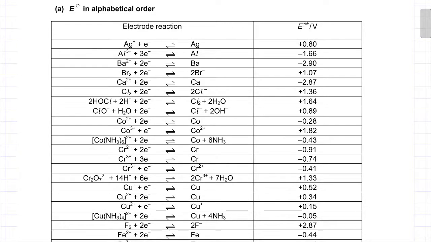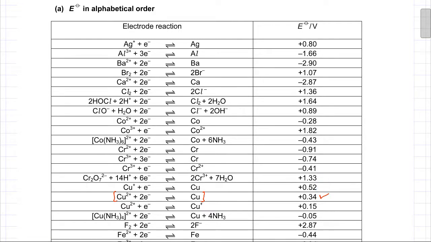I've opened the data booklet, where the E0 electrode potentials are given in alphabetical order. The first one is the copper 2 plus copper electrode. If you look carefully, it's this one over here, and the E0 for that particular electrode potential is given as 0.34 volts.